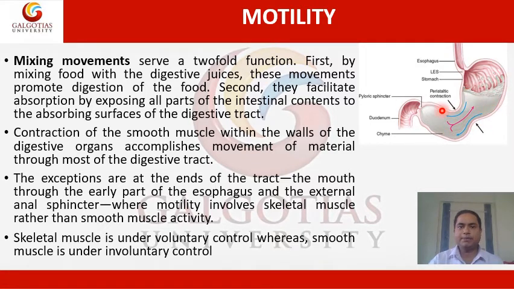The exceptions are the ends of the tract, the mouth through the early part of the esophagus and the external anal sphincter, where the motility involves skeletal muscles rather than smooth muscle activity. Skeletal muscle is under voluntary control, whereas smooth muscle is under involuntary control.